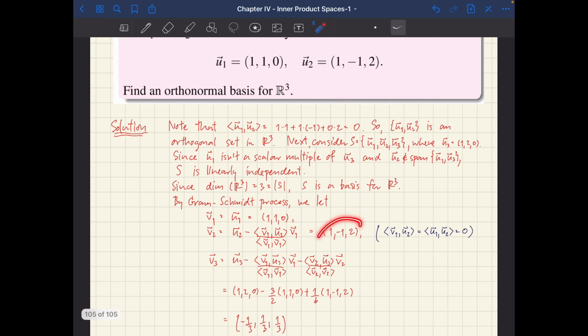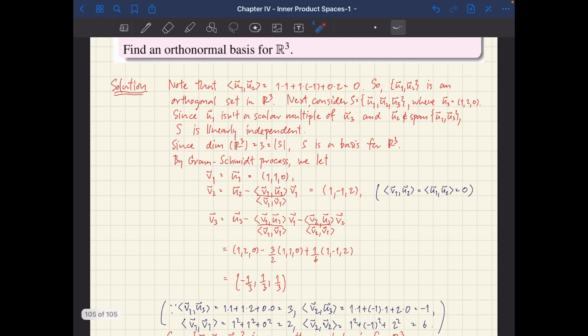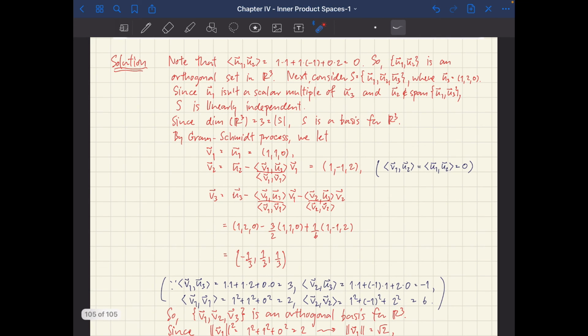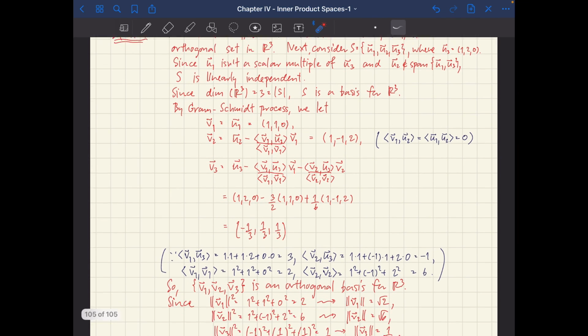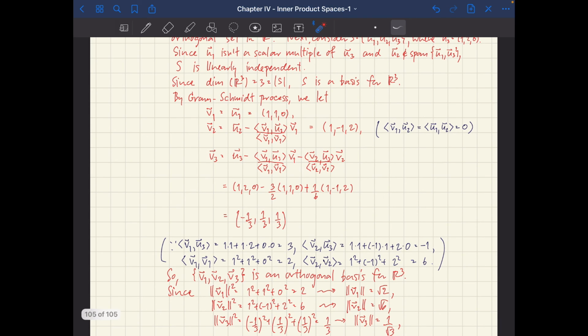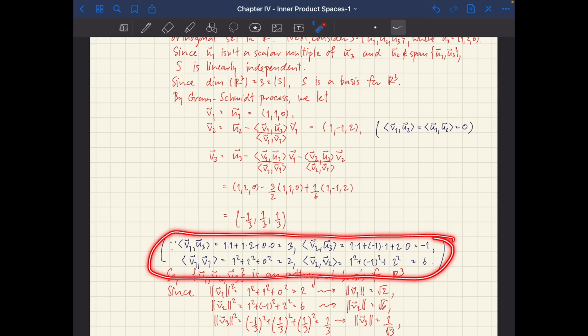This vector looks like the vector U2, right? For V3 we apply the Gram-Schmidt process to obtain the vector (-1/3, 1/3, 1/3). The details of the calculation I already added in the brackets.